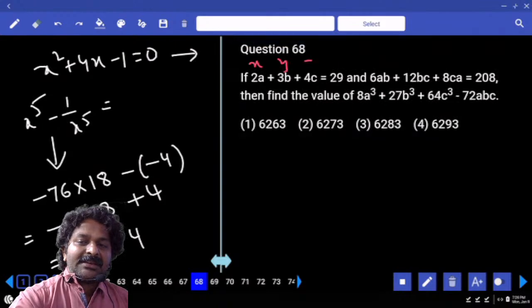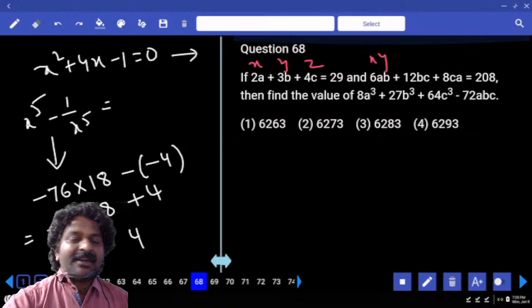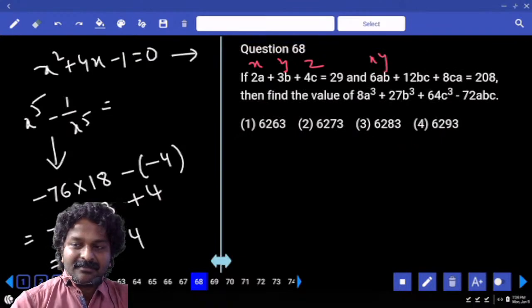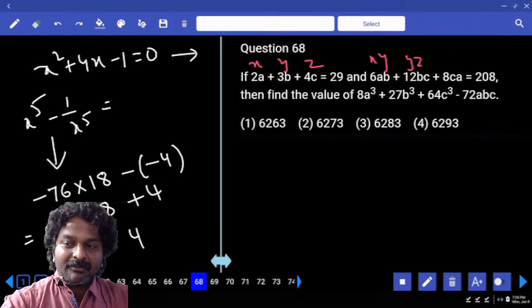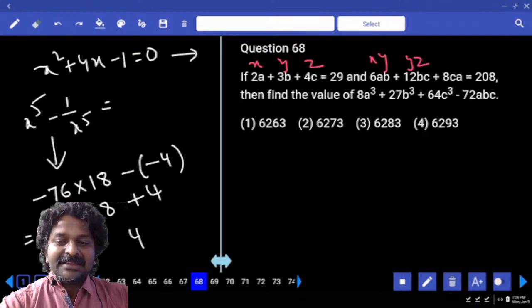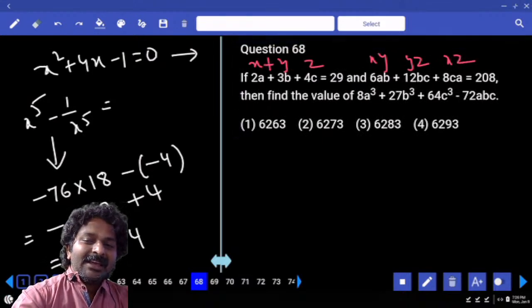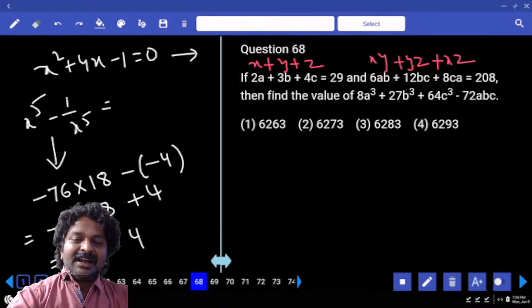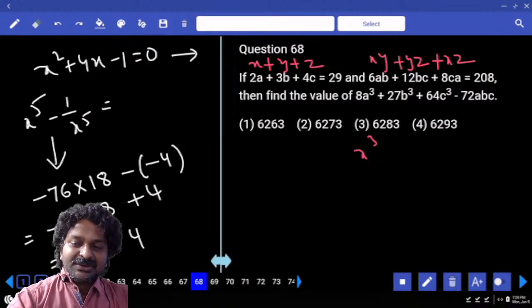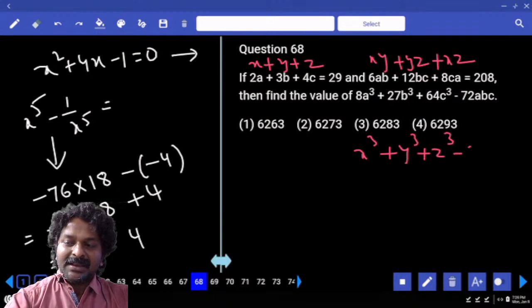Then x, y, z. xy 2a, into 3b 6ab, 12bc, yz 8ac, xz. So you are given x plus y plus z, xy, yz, zx, and you are asked to calculate x cube plus y cube plus z cube minus 3xyz.